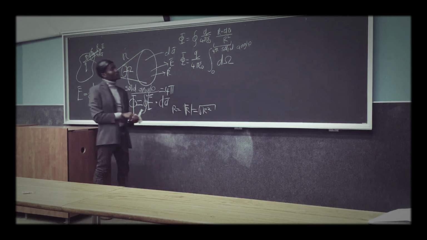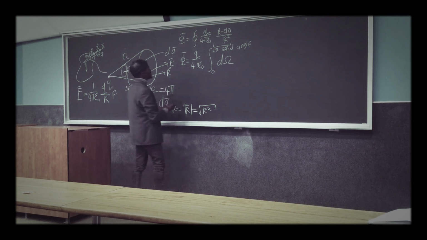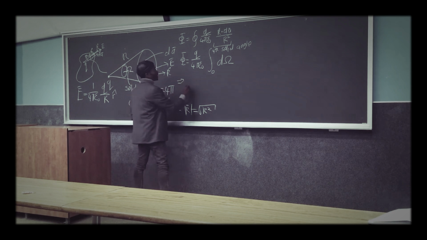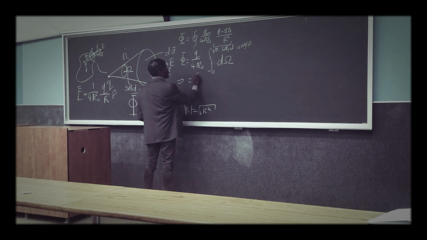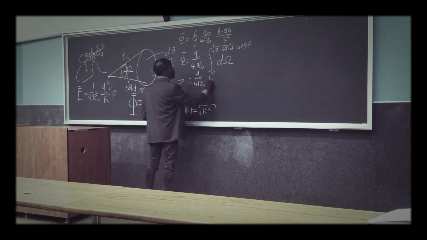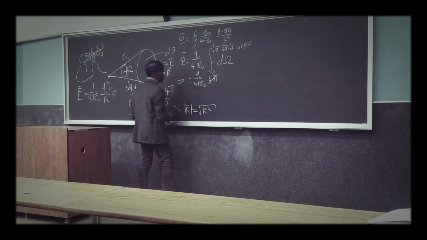And we see that when we do that integration, we end up simply having the following case, that this will become Q over 4 pi epsilon 0, times 4 pi, and this cancels out.